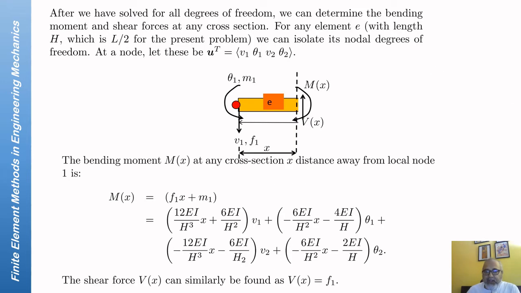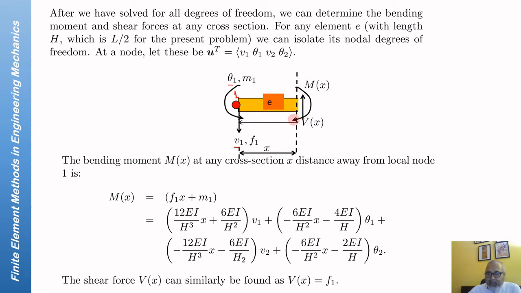So to do that, let us assume that we have a generic element E, right? And at local degree of freedom 1 of that element, I have theta 1 and V1 as the degrees of freedom that have been already determined, and corresponding to them, M1 and F1 are the moments and forces respectively.